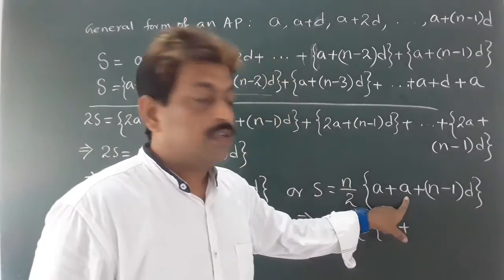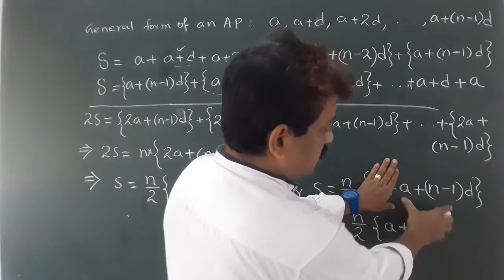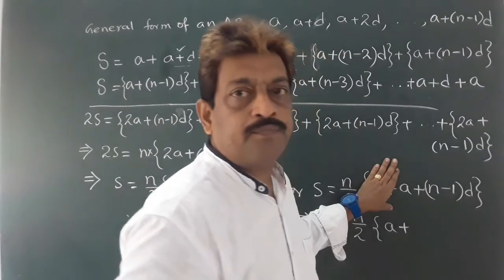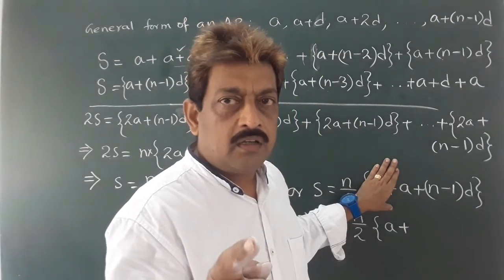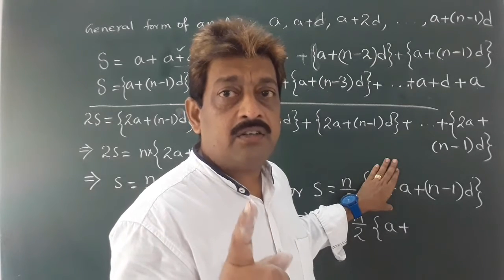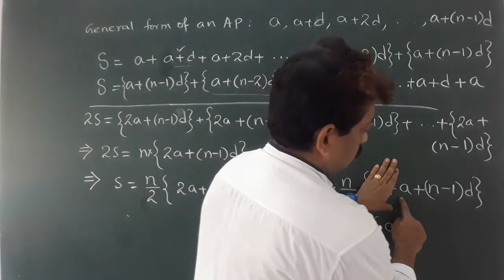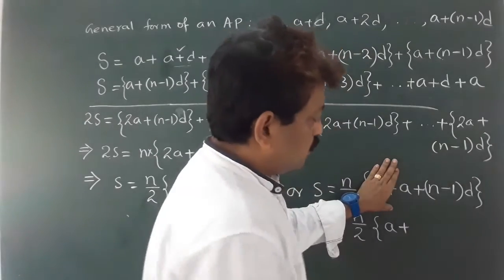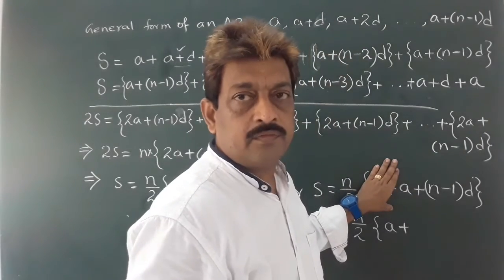Now what is this? Only this portion. This is a plus (n minus 1)d. We know this is the general form of the nth term of an AP, a plus (n minus 1)d. So we can say that this is an.